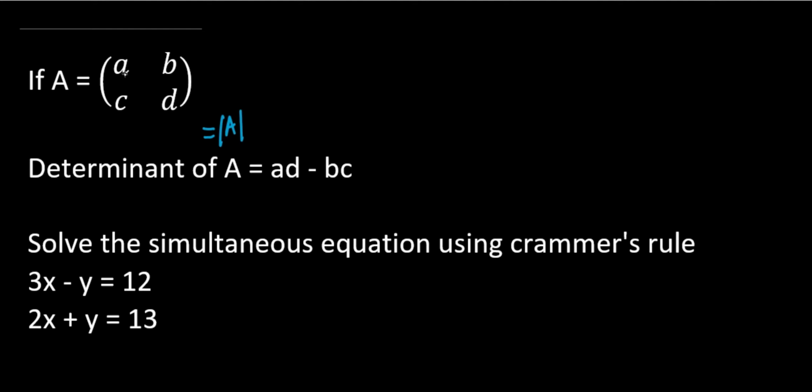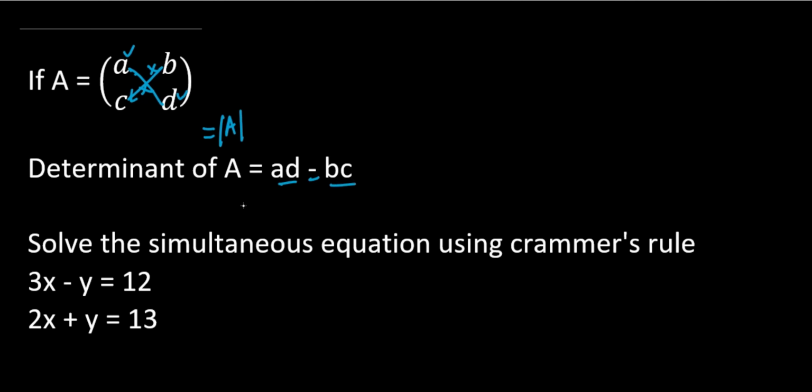The leading diagonal is a and d, so we multiply the two together, which gives us ad, minus we also multiply b and c together, minus bc, and that is the determinant. That is how to get the determinant of a 2 by 2 matrix.